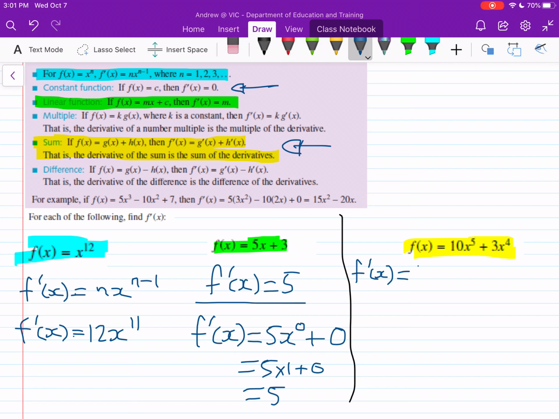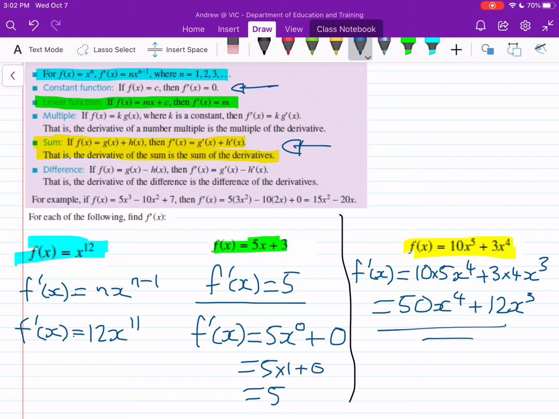So this becomes 10 times 5, and then x to the power of 4 because we drop it down a power, then plus 3 times 4x, and then drop it down a power to 3. Okay? So this is often a common mistake. Some people forget to multiply out the front. So just remember that you are doing that. So this becomes 50x to the power of 4 plus 12x to the power of 3.